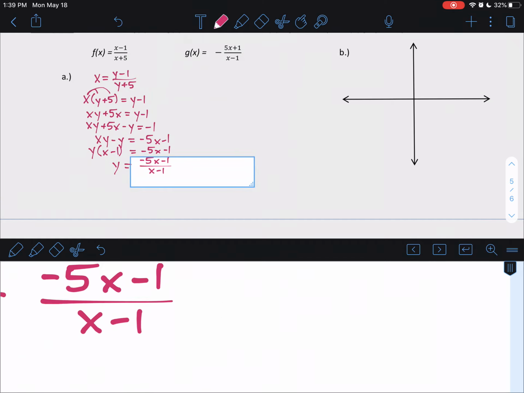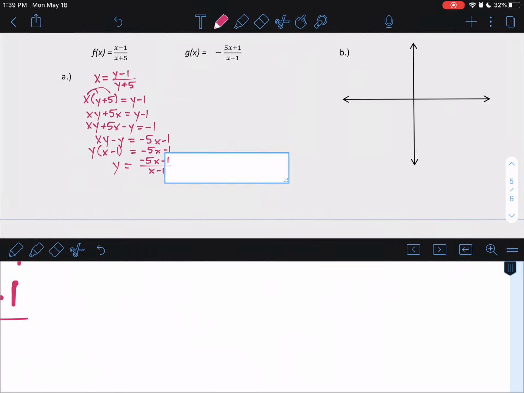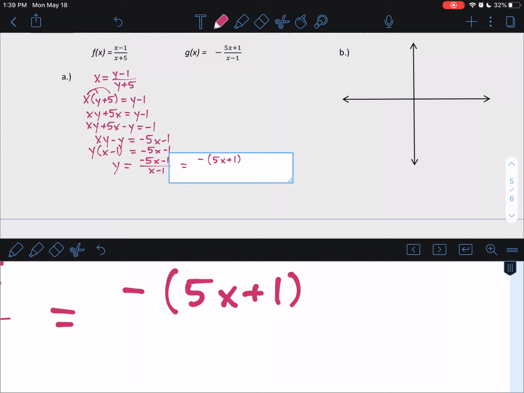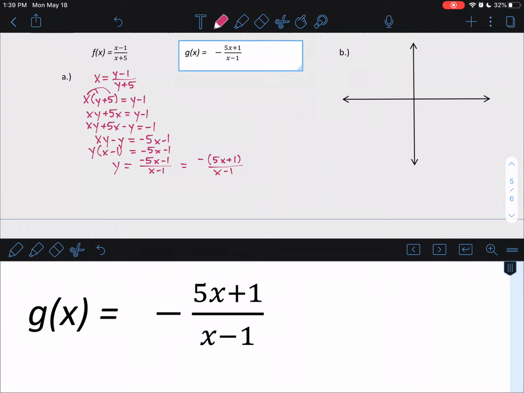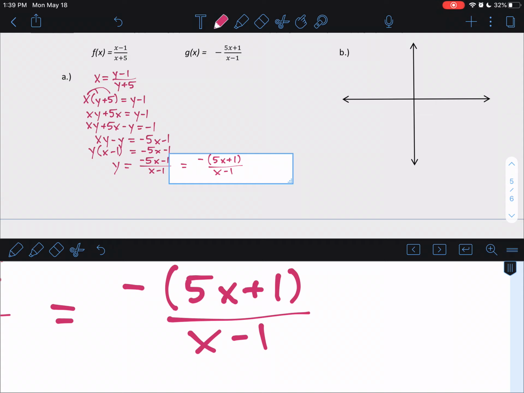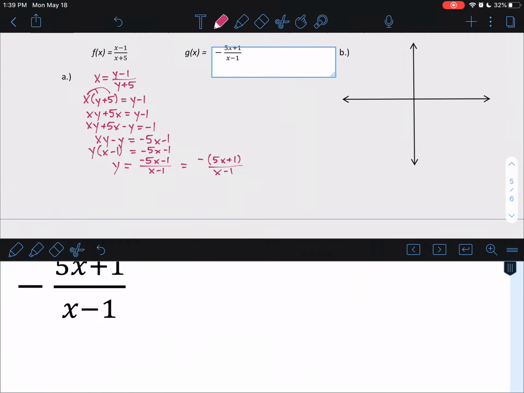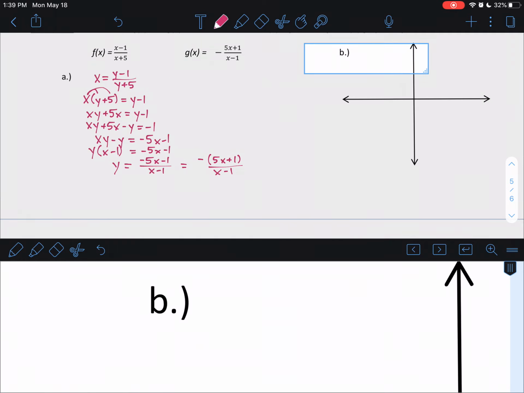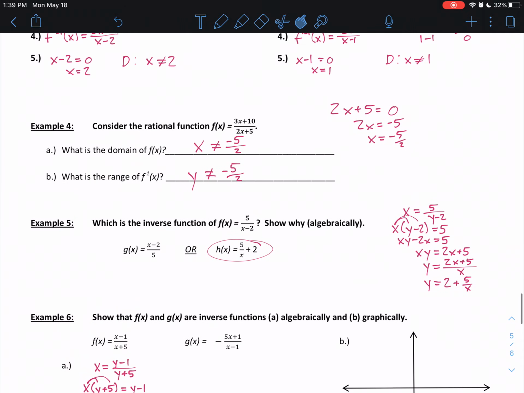And that is an equivalent form because basically they took the negative out of the numerator and put it out front. That works perfectly fine. So yeah, that's why f of x and g of x are inverses, and I'm not going to worry about showing it graphically. So, cool.